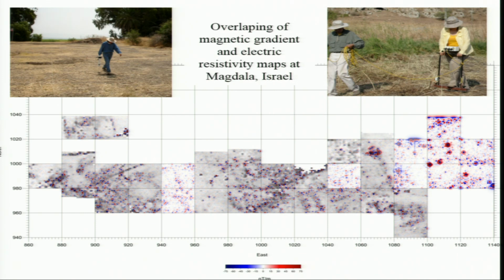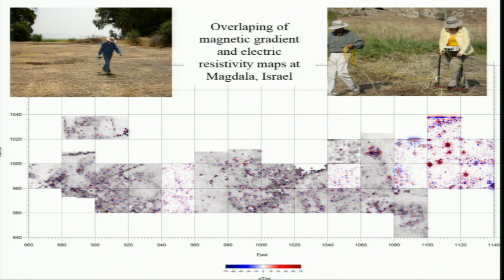Also, when we use the magnetic gradient in conjunction with the electric resistivity, we produce a way of clarifying difficult situations like this in Magdala, Israel, where there were so many volcanic stones on the surface that it was really difficult to interpret the magnetic gradient map.